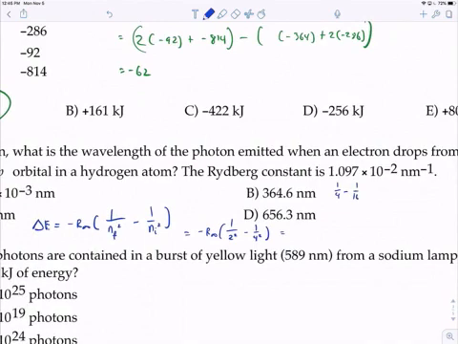So this is going to be 3/16 Rydberg, minus R infinity 3/16. So is it just 3 divided by 16 times 1.017?